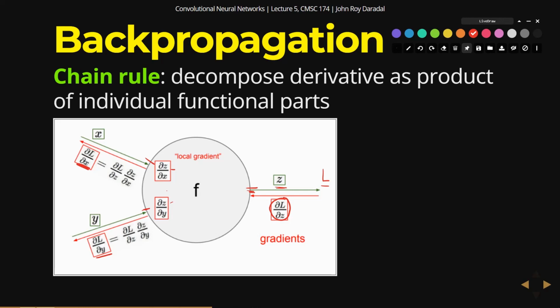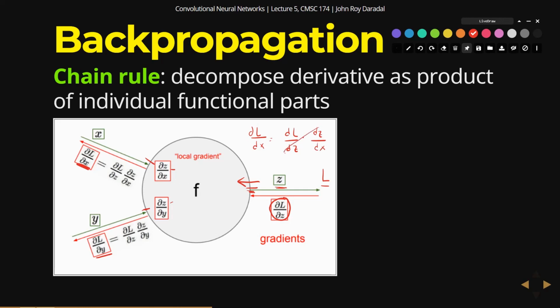So you can compute these local gradients, and now we can use the chain rule. For the derivative of L with respect to x, we have the derivative of L with respect to z, which is the one that we're feeding backwards, and the local gradient, the derivative of z with respect to x.